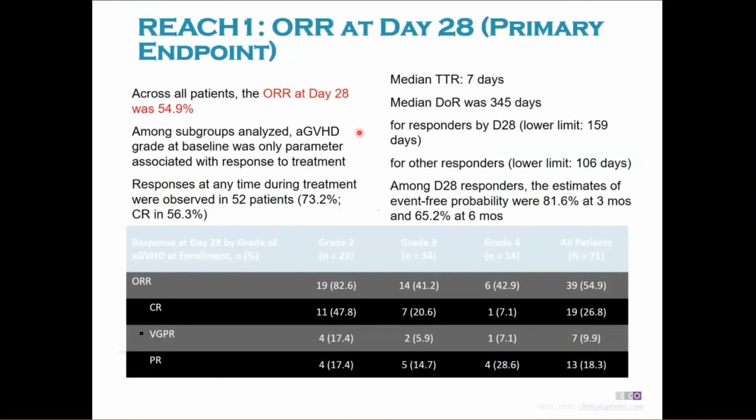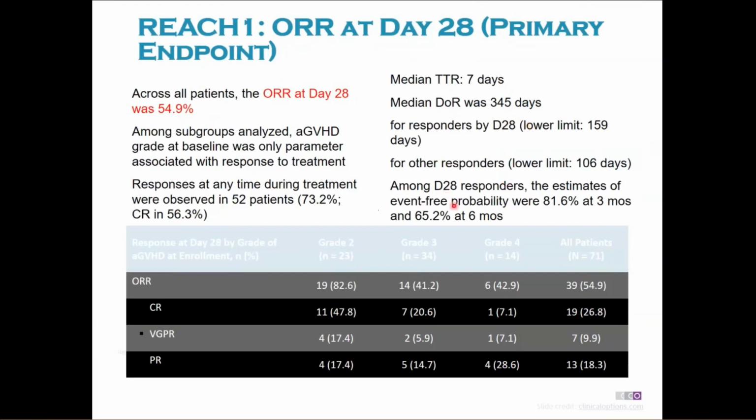Across all patients, the overall response rate in REACH1 was 55% at day 28, with a median time to response of 7 days and a median duration of response of 345 days.